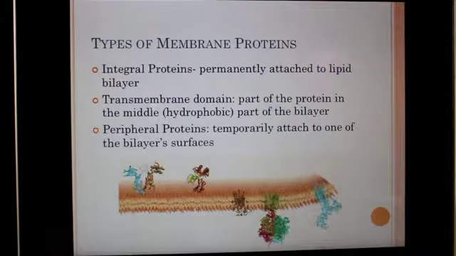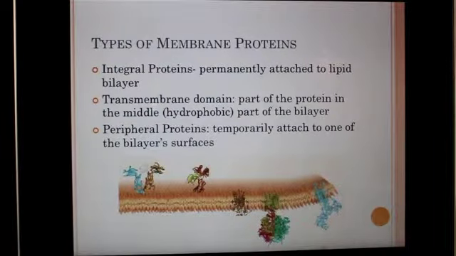There are different types of membrane proteins found in humans and in all creatures. These are classified by where they're hanging on and how long they hang on. So integral proteins are permanently attached to the lipid bilayer. They're not going to leave anytime soon.